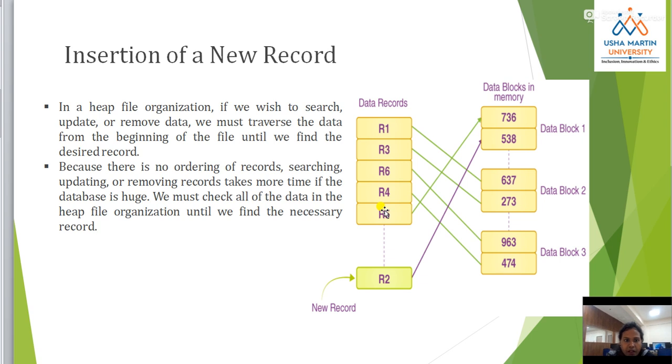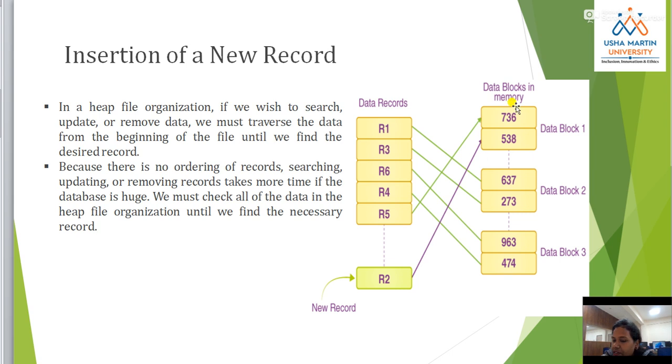As I am discussing, if a new record comes, suppose R2 is the new record. Previously these records are there, but I want to insert a new record, R2. So how do I insert it into the data block? I directly go to data block 1 of my choice.